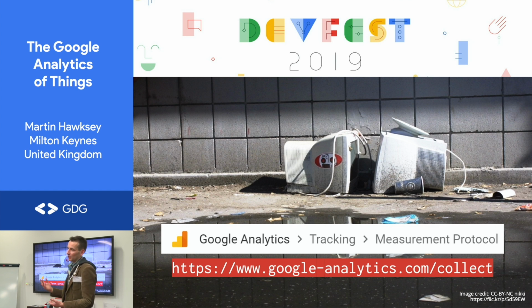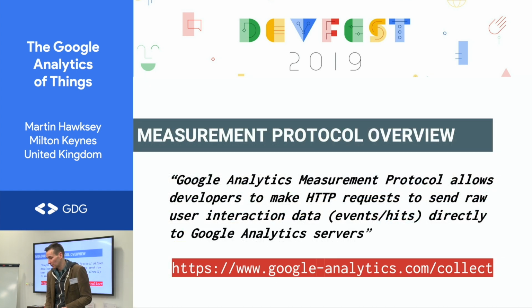It doesn't have to be coming from a web page. Essentially anything that can make an HTTP request can be sending data into Google Analytics. In terms of the data you send in, it's going to be data that Google Analytics would expect.